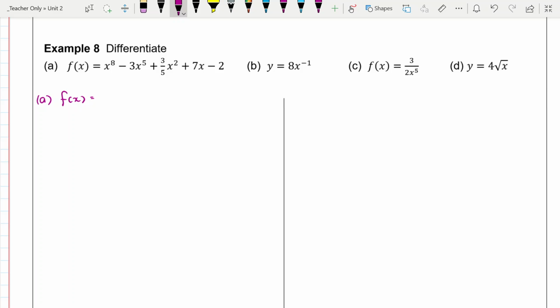So if our function is f of x equals x to the 8 take 3x to the 5 plus 3/5 x squared plus 7x take 2. Now watch this.